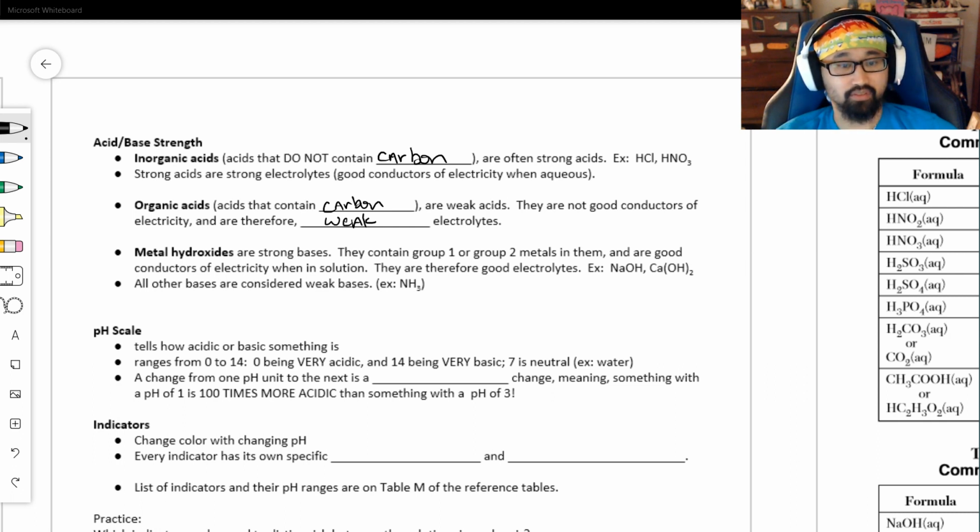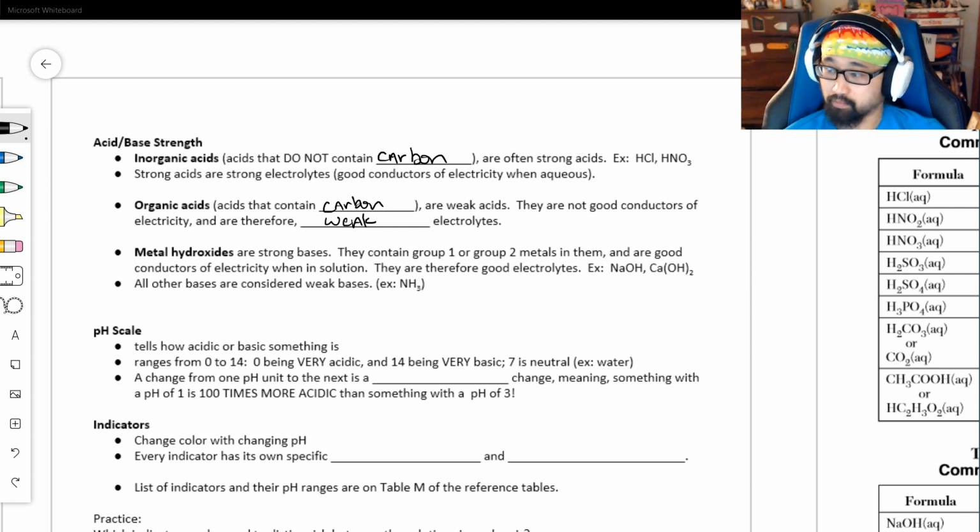They don't produce a ton of H pluses. The definition for an acid was it produces H plus when you put it into water, or it donates H plus. Organic acids are not very good at giving away that H plus, and as a result, they're not very good acids. The rule for acids: organic weak, not organic strong.